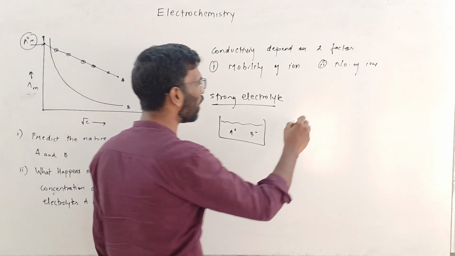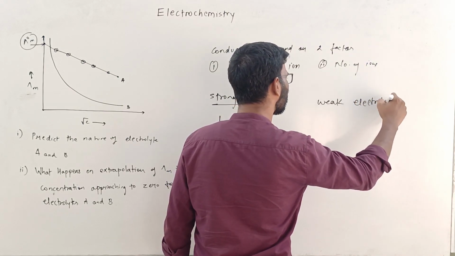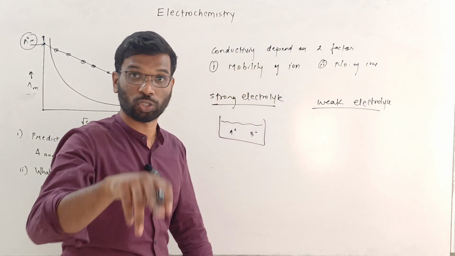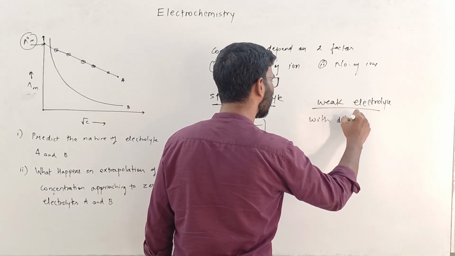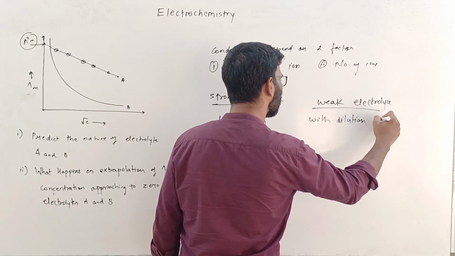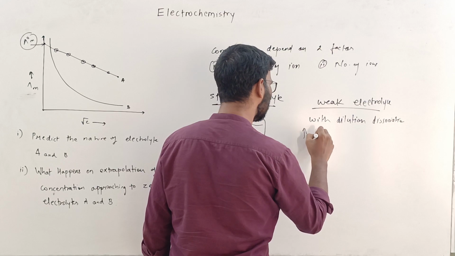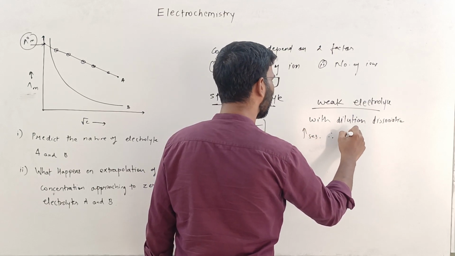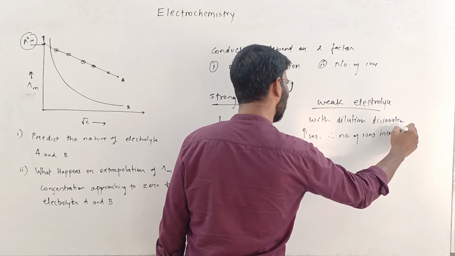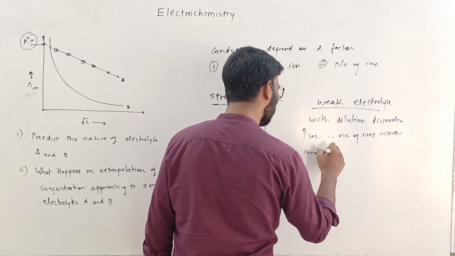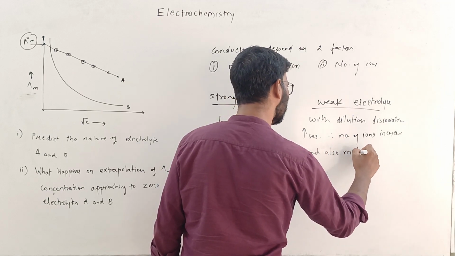And for a weak electrolyte, what happens? With dilution, dissociation increases. Therefore the number of ions increases and also the mobility of ions increases.